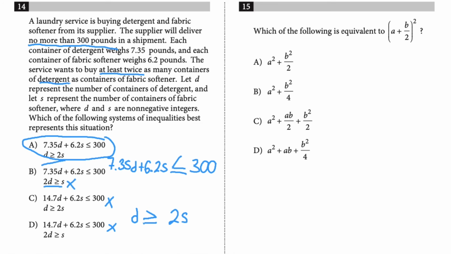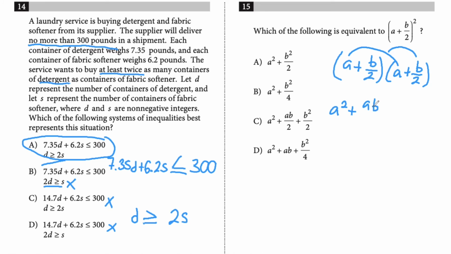Number 15 asks, which of the following is equivalent to A plus B over 2 squared? So whenever we have a binomial squared, what we have to do is multiply it by itself and FOIL. So we're going to have A plus B over 2 times A plus B over 2. So to FOIL, first we do the first ones. A times A will be A squared. Then we do the outside, plus AB over 2.